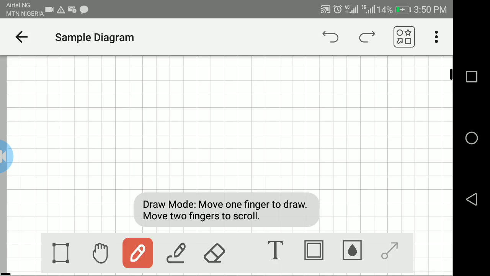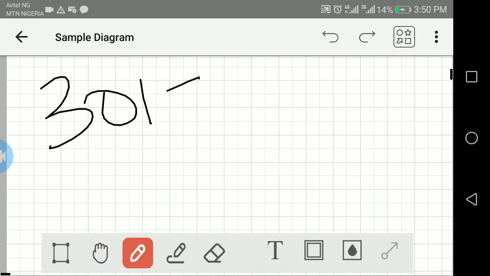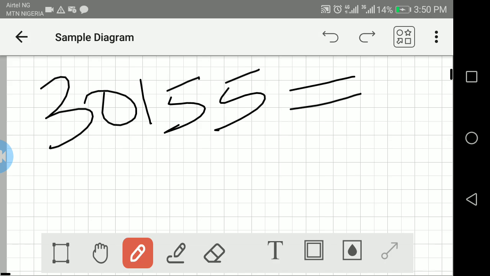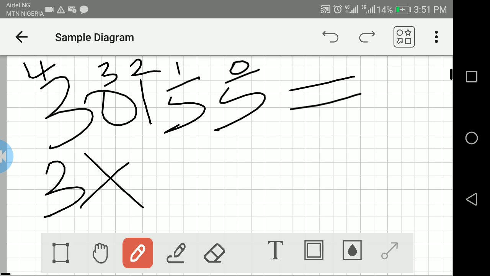30155 is equal to, so the base is the power here. The first position is 0, the second is 1, then 2, 3, and 4. So the numbers you're seeing up here are simply the powers. All right, so we have 3 times, what is the base?